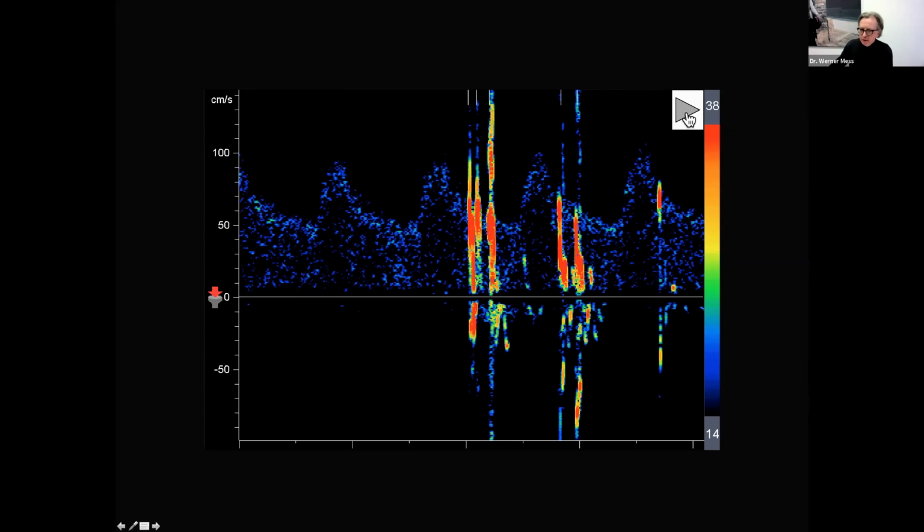So actually, these are quite intense microemboli, and you see that they distort the signal, and this, of course, is completely unrealistic that they are at the same time below the zero line. So the dynamic range of the TCD system is not sufficient anymore to capture these signals.